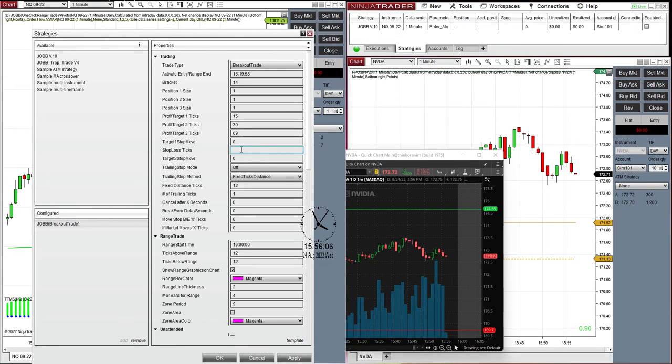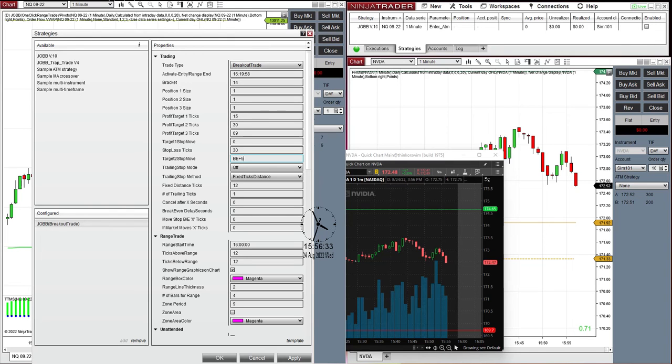I'm using a 30 tick stop. I might use a little bit bigger. And what I'm going to do is, if the second target gets hit, I'm going to move my stop to break even plus 5. All right.